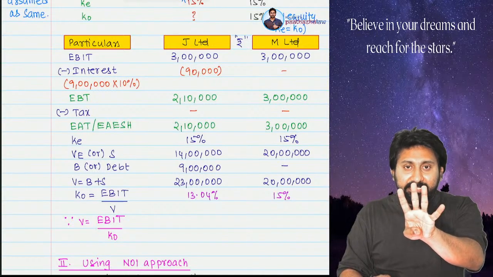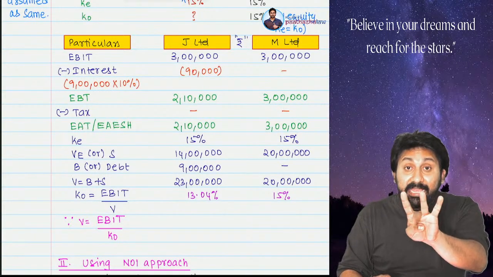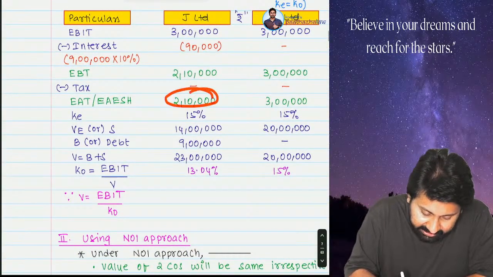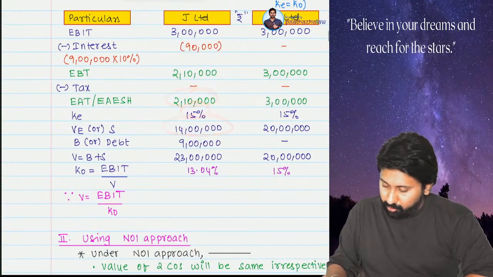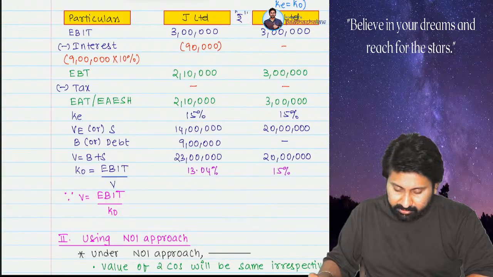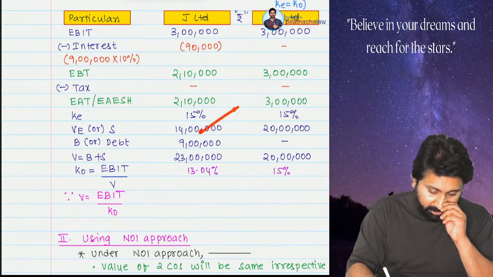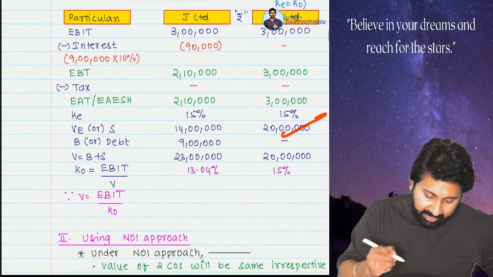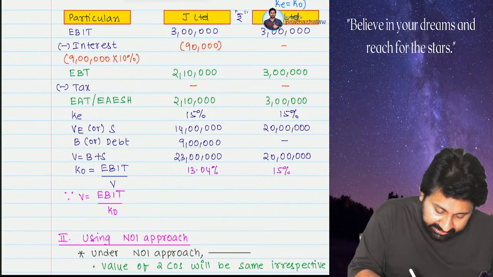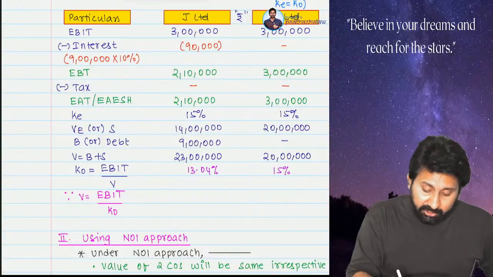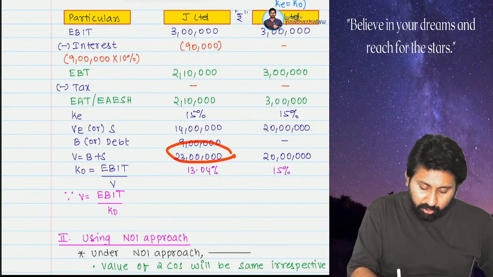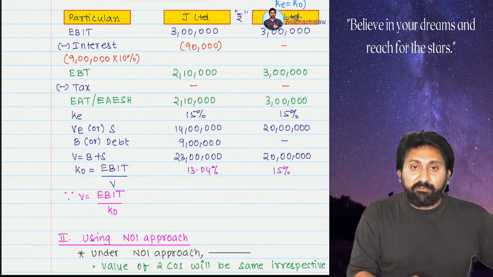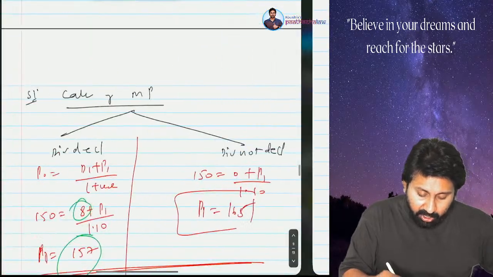Already at the beginning, we saw four formulae. V equals B plus S, B equals I by KD, S equals EAESH by KE. So, 2 lakh 10,000 divided by 15% is 14 lakh. 3 lakh divided by 15% is 20 lakh. So, this is S. In this company, debt is also there, so debt is added. Totally, V is 23 lakh and 20 lakh. KO we calculated already like this.